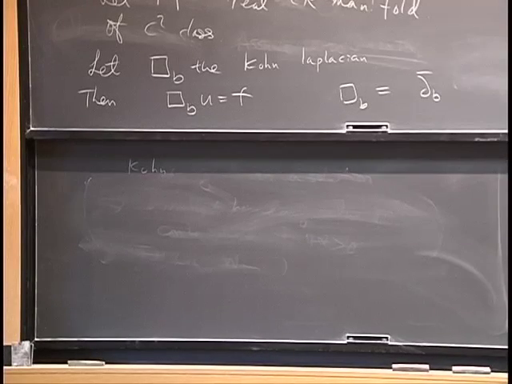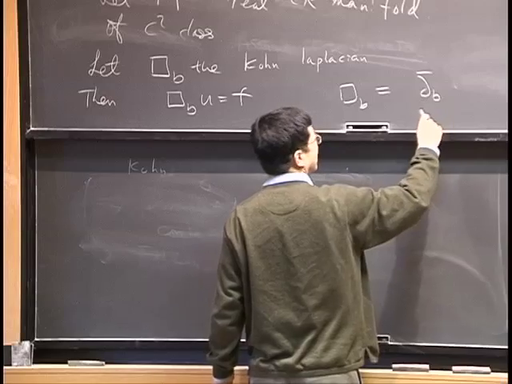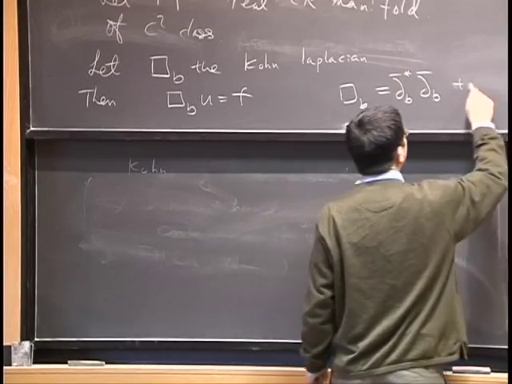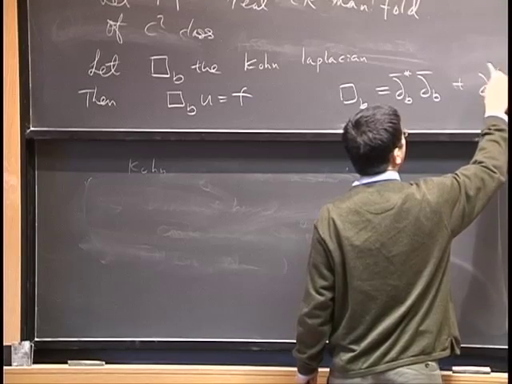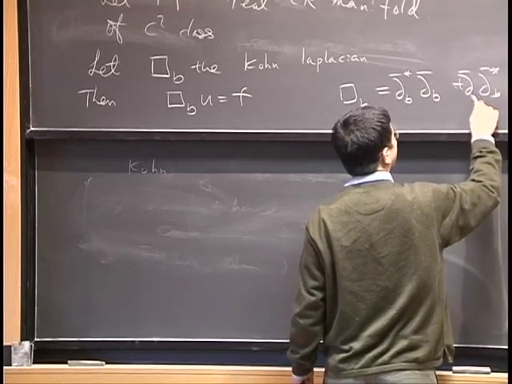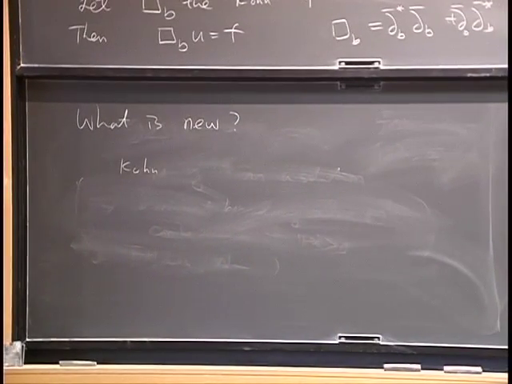If the CR manifold is defined as a real boundary of a complex manifold, you just take this d operator, then you do this. It's really the Laplacian, and a typical example is just like that. That's one of the examples of a box-b operator. You have good directions and you have a direction missing.